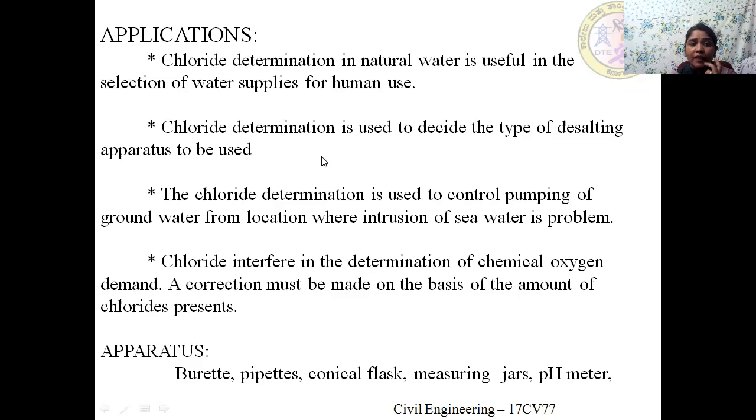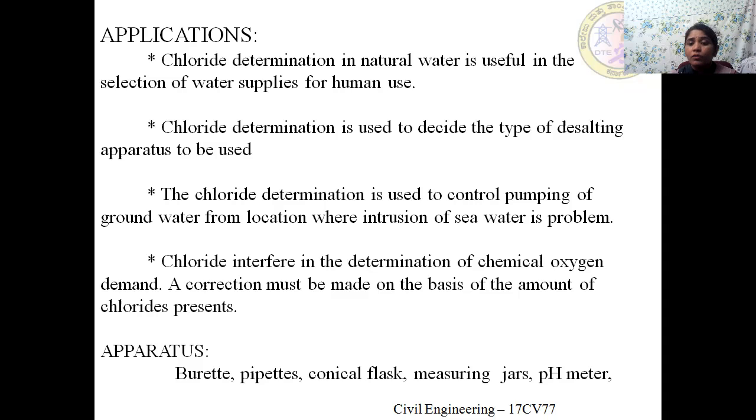Whenever excess chloride concentration is present in a water sample, we need to remove the excess. For that purpose, removal of chloride is done by the reverse osmosis method, by solar distillation, or by desalting apparatus. Which type of apparatus to use is decided depending on the chloride concentration.